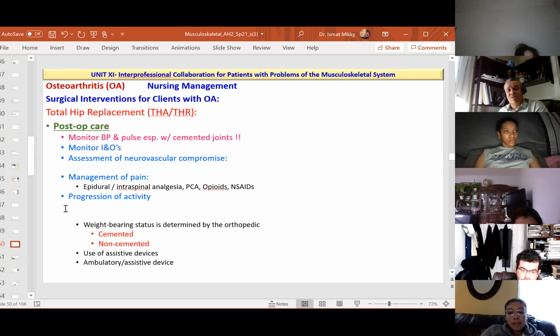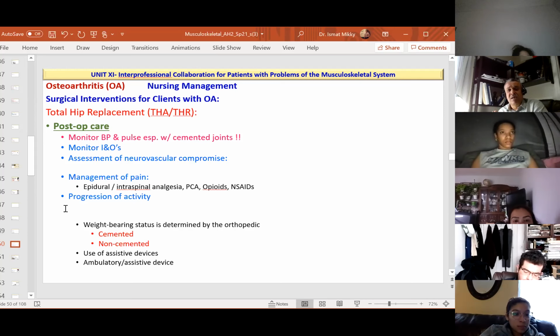You cover that under what is called CMS-PP, which is color, motion, sensation, and peripheral pulses. So if you perform all 4 aspects of the acronym, you have covered all assessment requirements for neurovascular compromise.